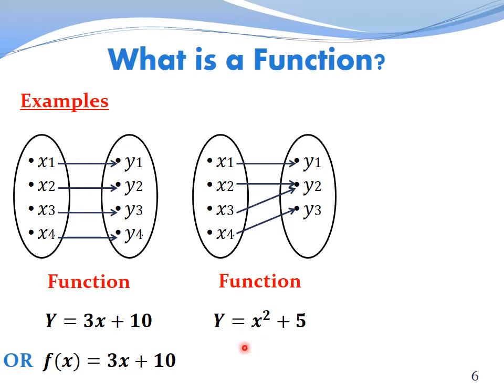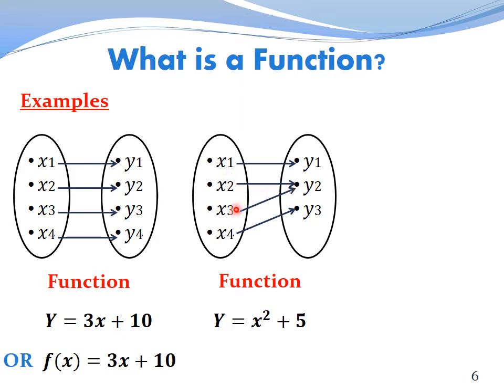An example of this is the function y equals x squared plus 5. Okay, assume here that x2 is equal to 1 and x3 is equal to -1. If you substitute 1 here, this will give you 1 plus 5, which is y equals 6. So x2, which takes the value 1, will go to 6.